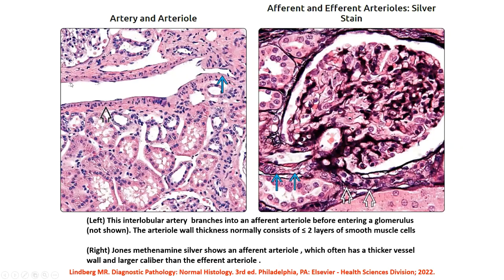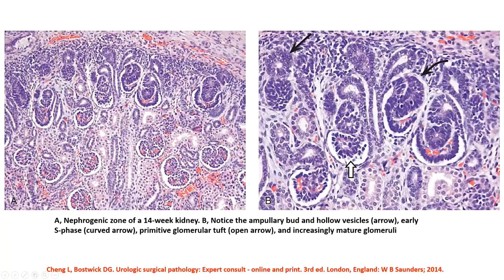The image on the left shows the interlobular artery, which is bifurcating into the arterioles. These renal afferent arterioles, if you look at the image on the right, will enter into the glomerulus at the arteriolar end, that is at the vascular pole, and at the point of exit, it will go out through the efferent arterioles. If you look at the size, the afferent arterioles are usually thicker in size compared to the efferent arterioles.